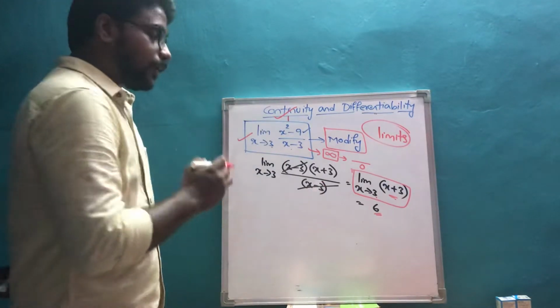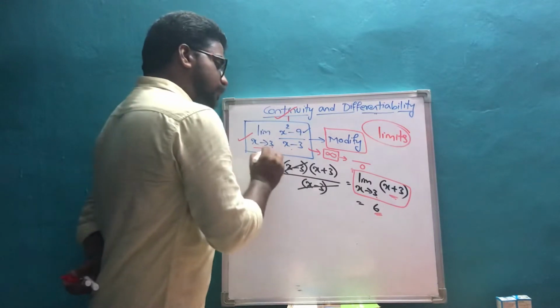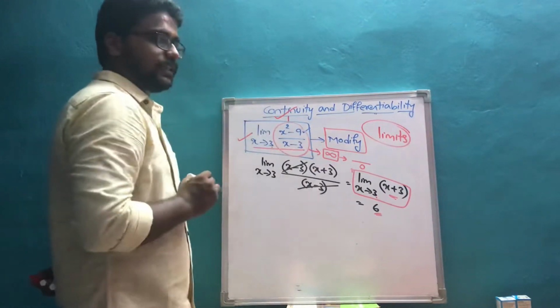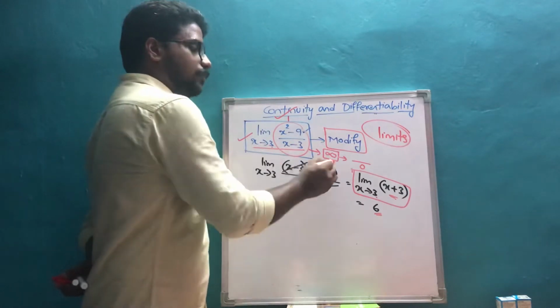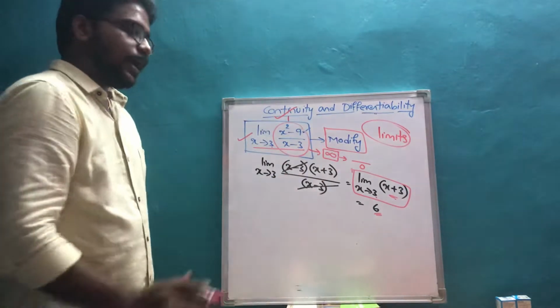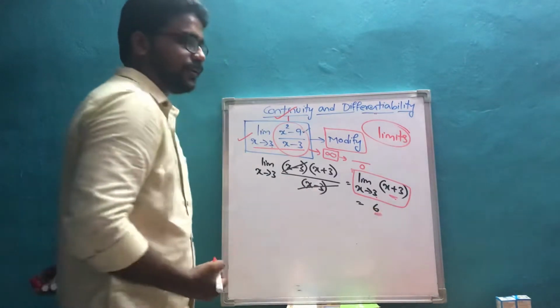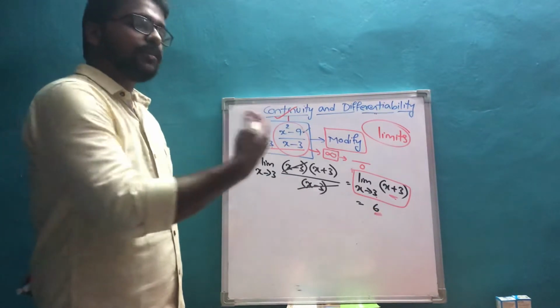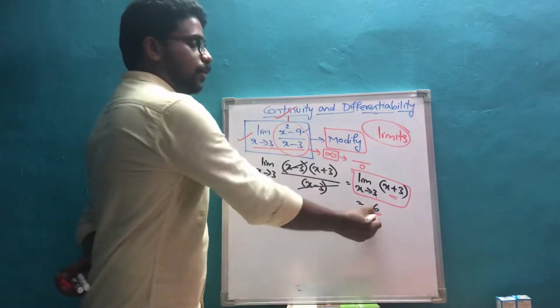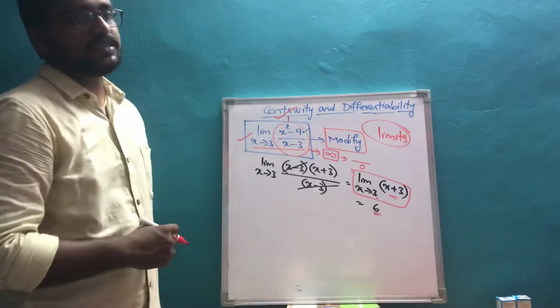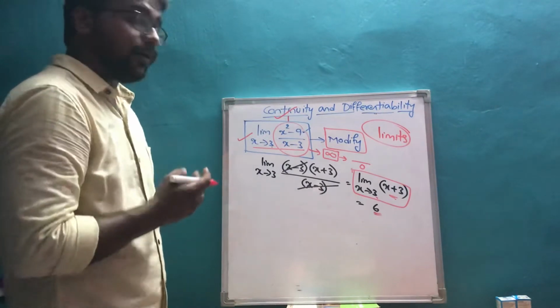Now just try to relate the same thing. Previously in the question, this is my function. For this function, if I substitute x equal to 3, I am getting infinity. And when I simplified this part, I am getting the answer 6 here. That means previously where you got infinity, now at the same point x at 3, you are getting 6. So what happened now?